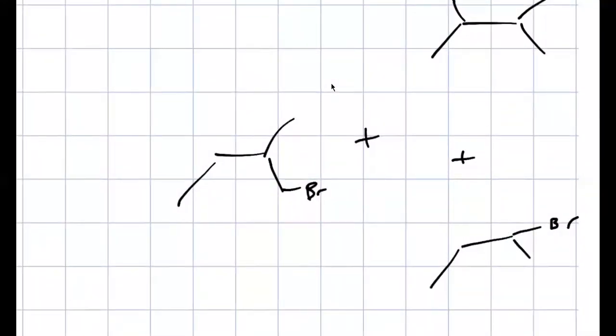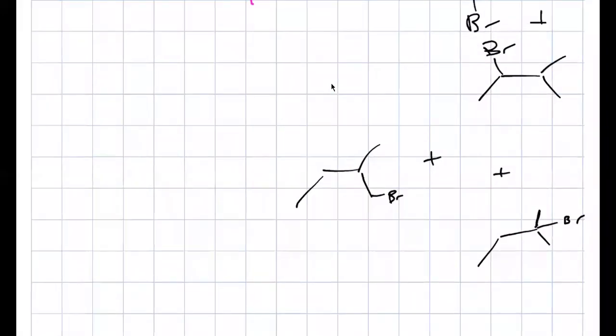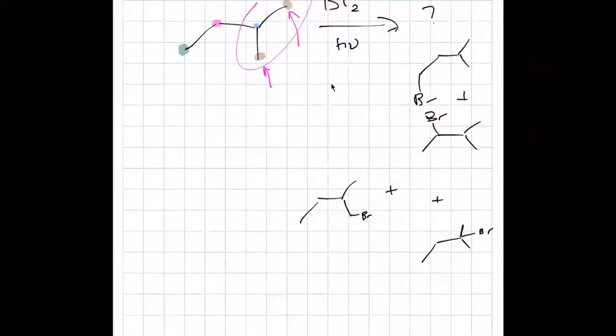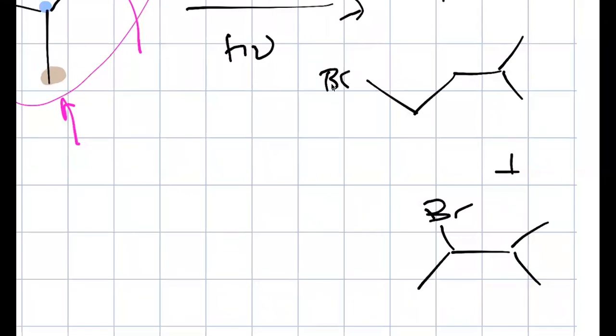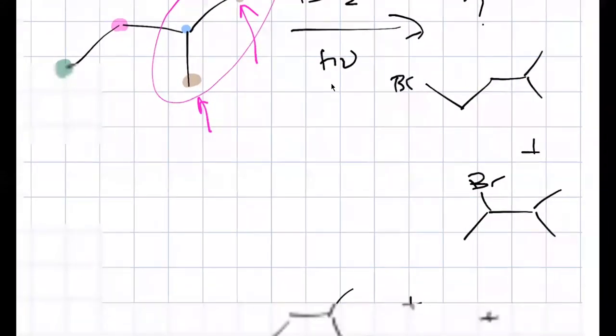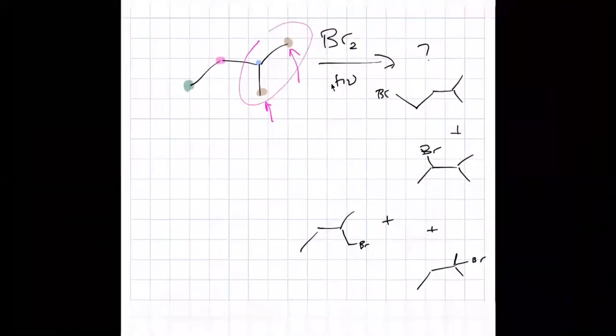When you get ready to sum up and calculate the percentages, then you take both of those into account. Anybody not see what happened or what I did? Actually, I'm gonna move this bromine. All right, I'm gonna put that bromine out here instead of pointing it down. Any questions about that? Those are my 4 products. How do I make them?